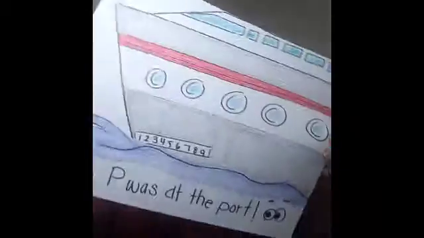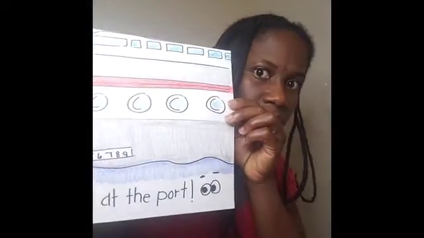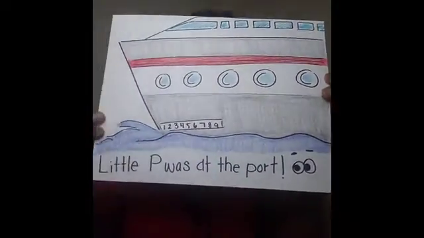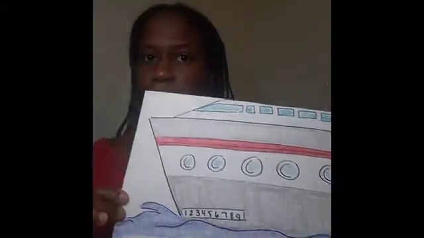All of a sudden, Little P hears a loud horn. It startled him. So the horn blew, and Little P realized he was at the port where the ships come in. That means that Little P was very, very far away from home.